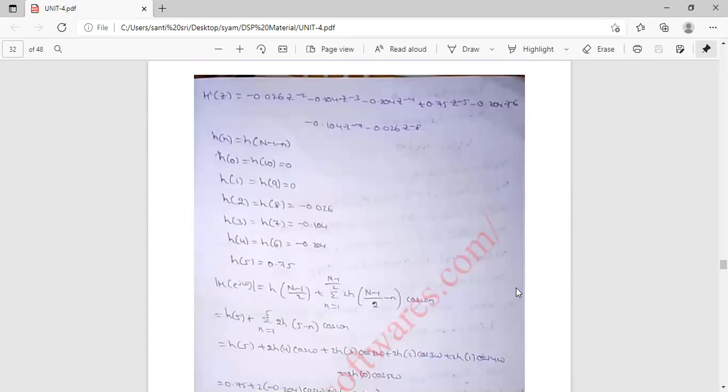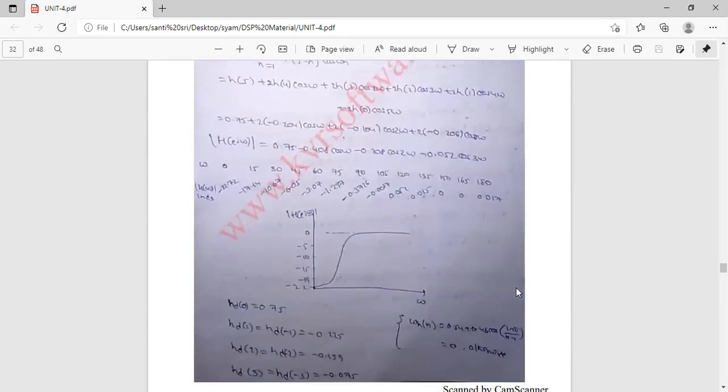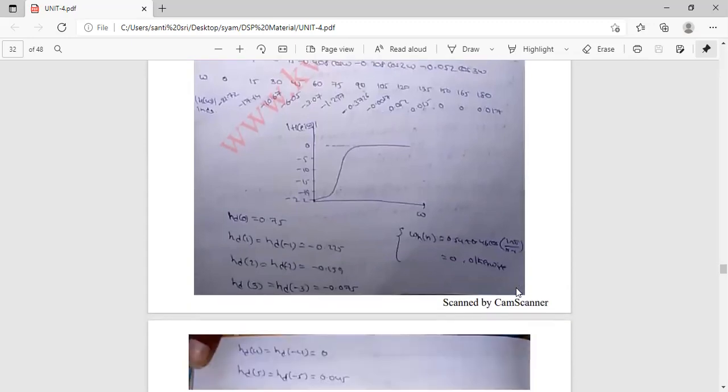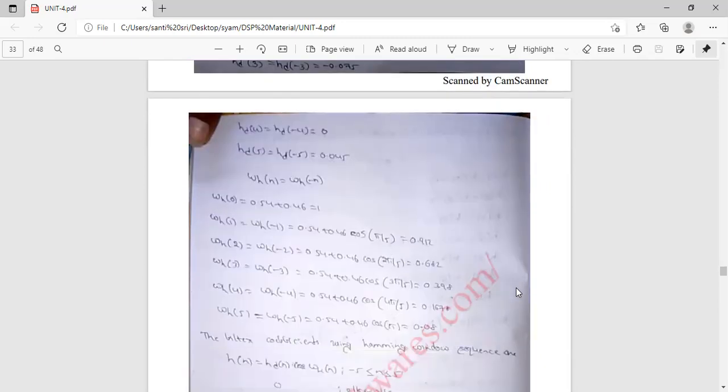So mod H of e power j omega is H of (N minus 1) by 2 plus sigma n equal to 1 to (N minus 1) by 2 of 2 H of ((N minus 1) by 2 minus n) cos omega n. Simply substituting these values, we will get the omega values and mod H of e power j omega, so that we get the response for the Hanning window.